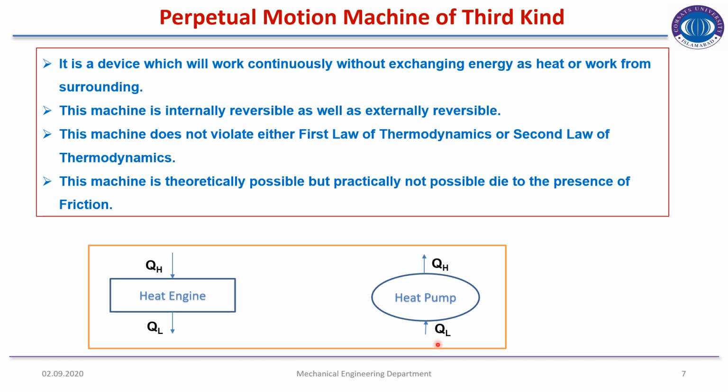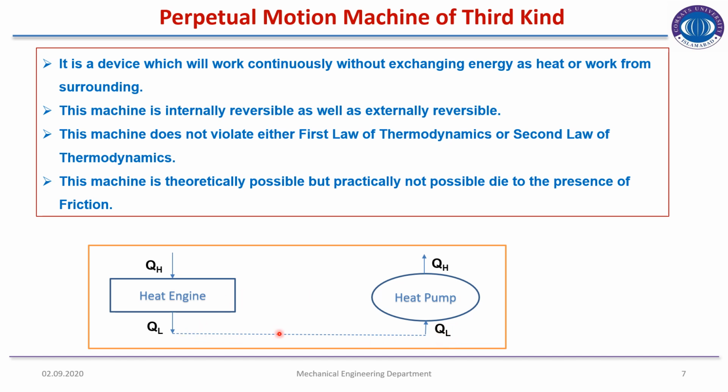So heat pump is receiving QL amount of heat from low temperature thermal energy reservoir and rejecting QH amount of heat into high temperature thermal energy reservoir. So the output of heat engine QL is equal to the amount of heat QL received by the heat pump from low temperature thermal energy reservoir.